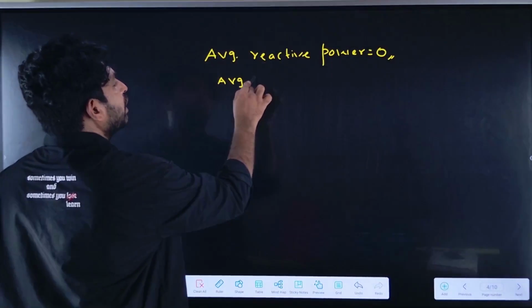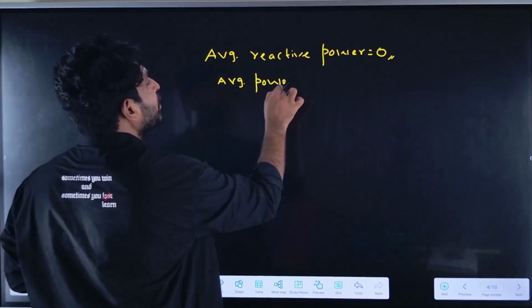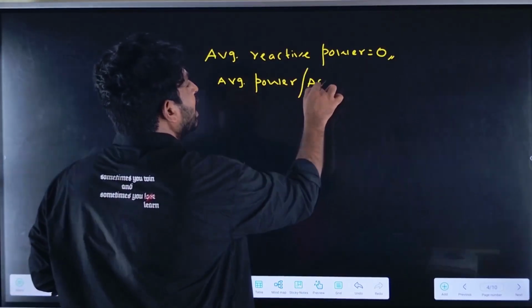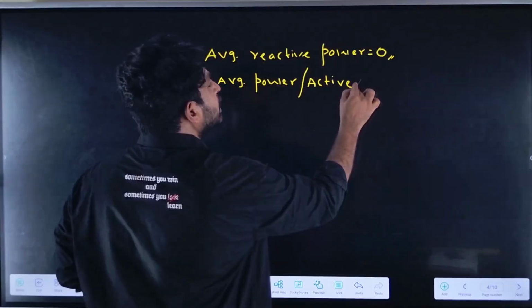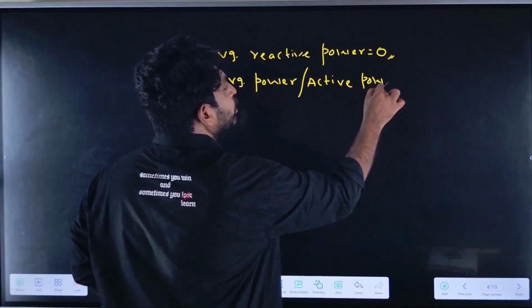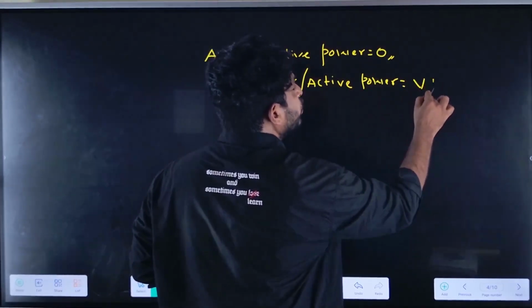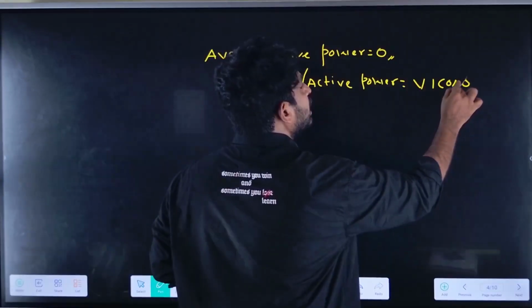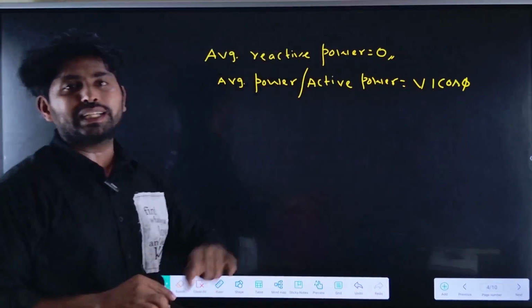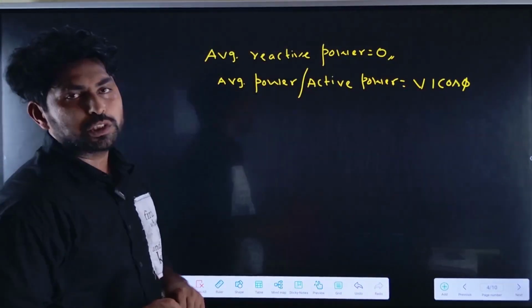Average power, or active power, or real power, equals V into I into cos phi, where these two are the RMS voltage and RMS current.